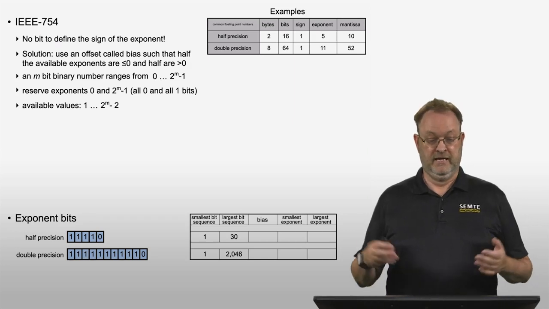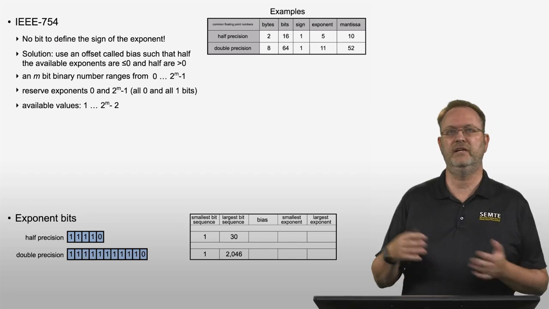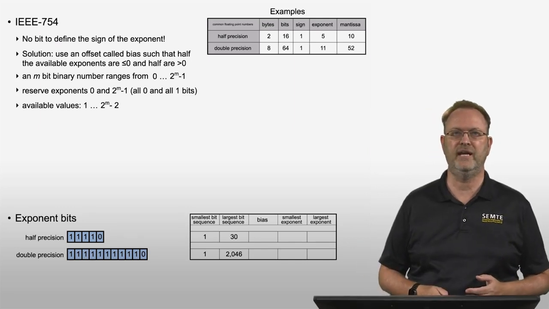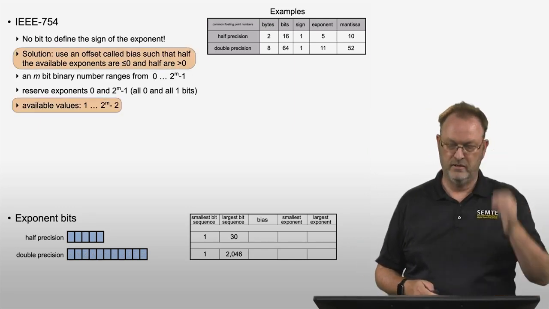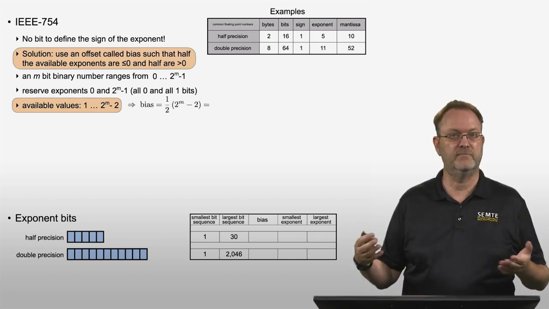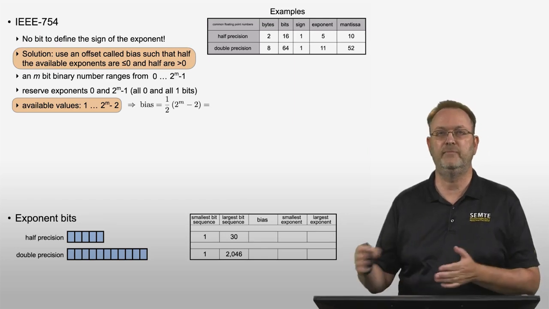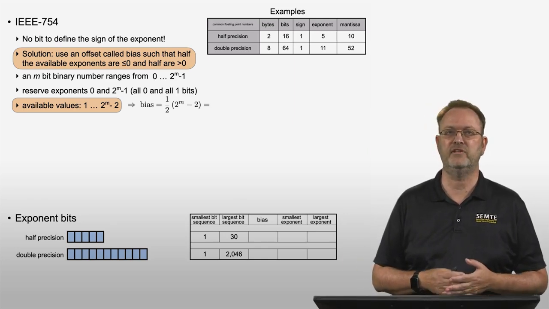Now, half of those are supposed to be smaller or equal to 0, and half are supposed to be greater than 0. So the offset, therefore, this bias, has to be half of the available values. And the available values are from 1 to 2 to the power m minus 2.